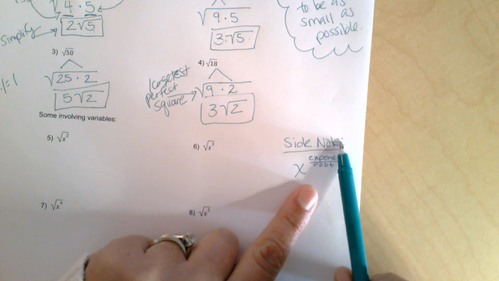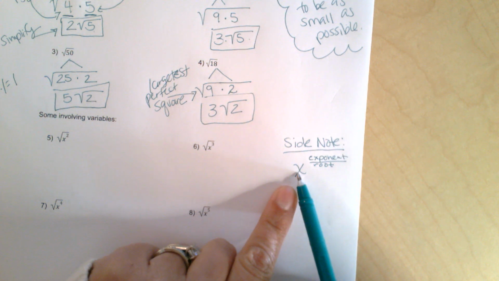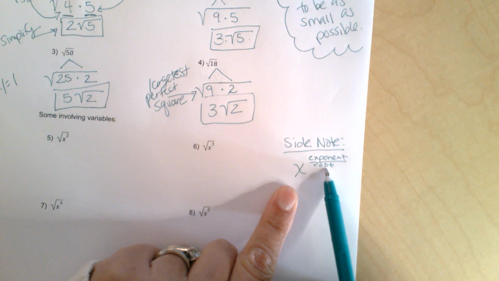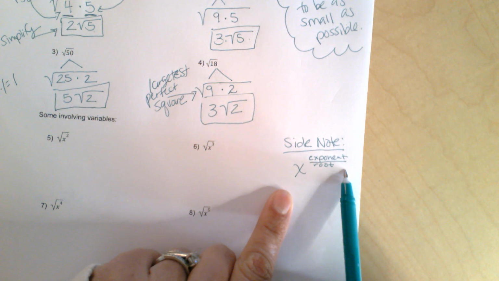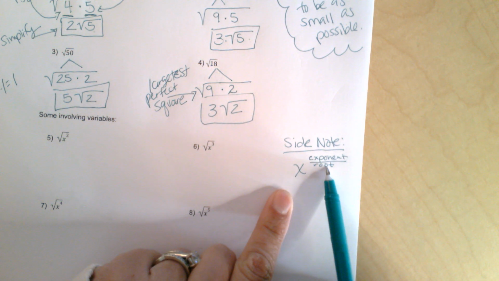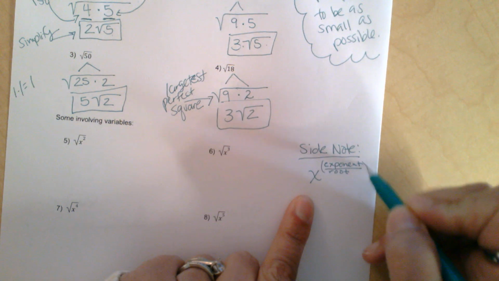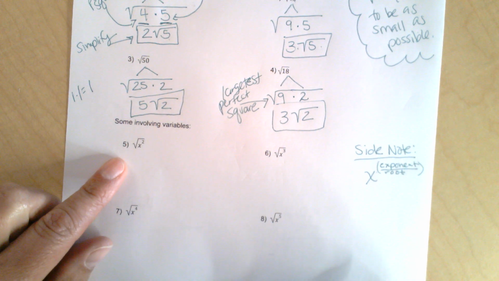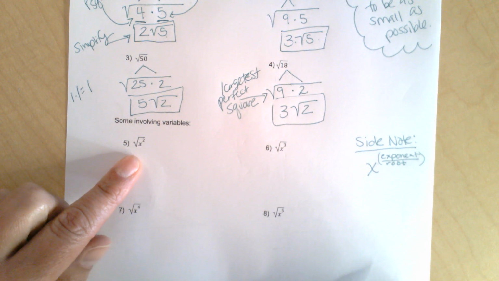I have a little side note over here. Our side note says x to the exponent divided by root. And this is going to help us out. So exponent divided by root, and that's a little up in the exponent position. So here we have the square root of x squared.